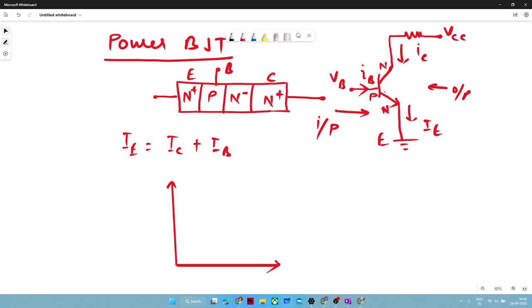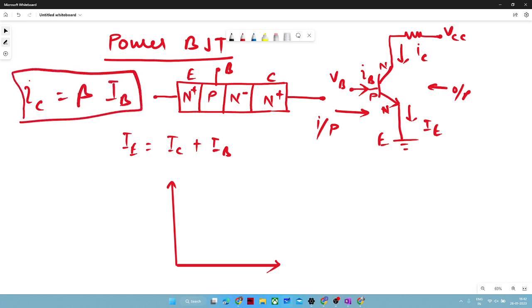And if we draw the waveform of VBE versus IB, that will be the input characteristics. And IC is related with IB by the function beta. So IC is generally related with IB with beta. However, this does not hold true in the saturation region. The reason behind it I will explain in a moment.